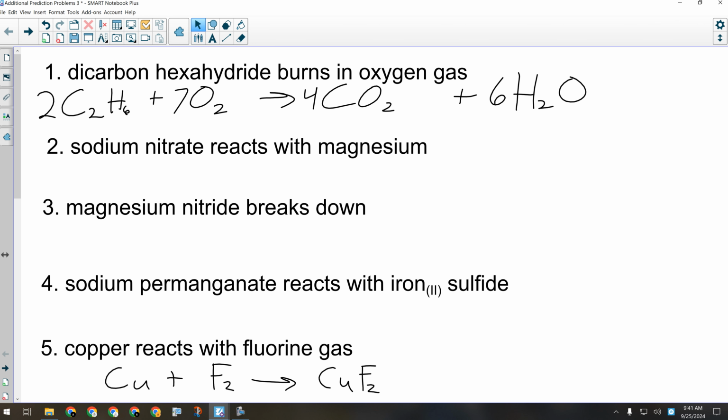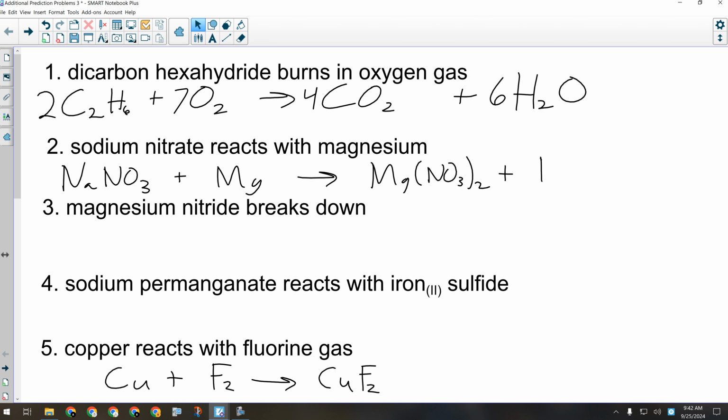Okay, and then sodium nitrate reacts with magnesium. Sodium nitrate, that's NaNO3, that's reacting with magnesium. What kind of reaction? Single replacement. Okay, so magnesium is going to wind up with nitrate, and sodium will wind up by itself.